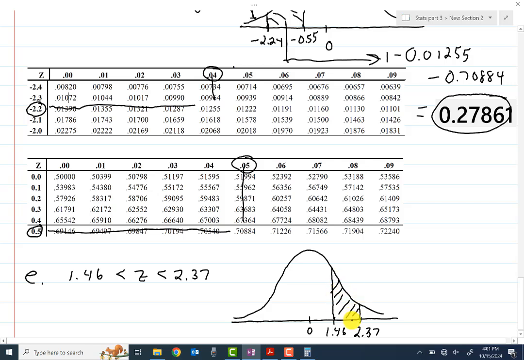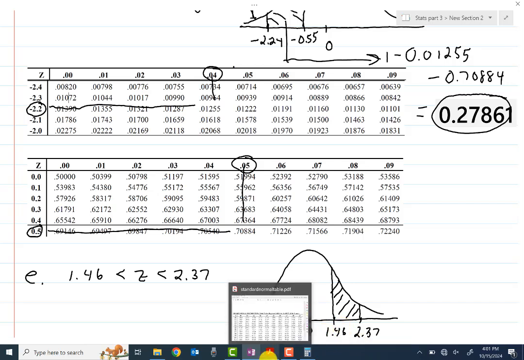Here's our situation. Now, to get this white area here, you can just look up 1.46 in the table.